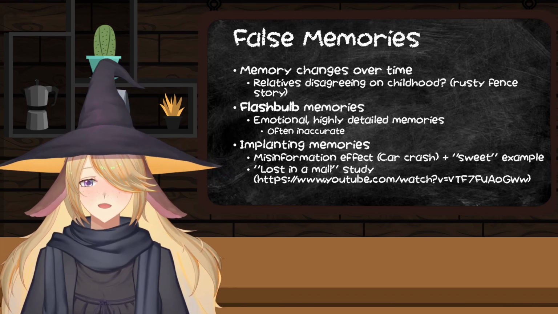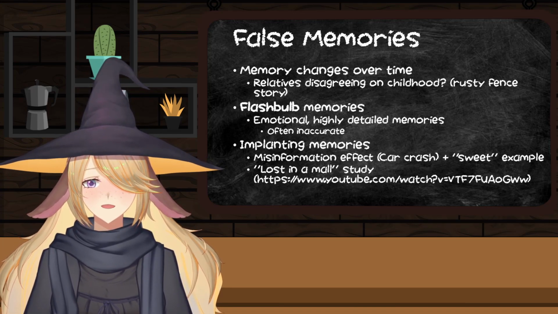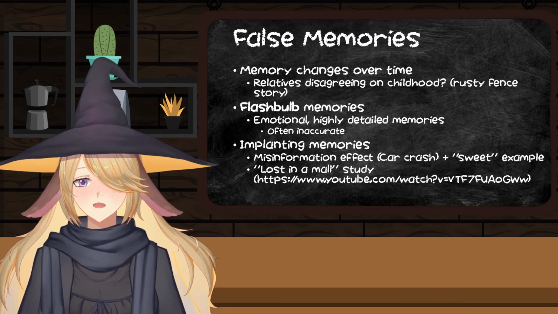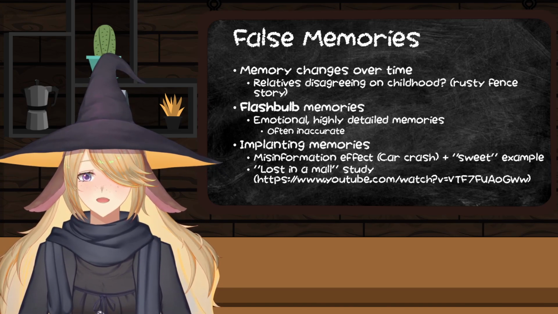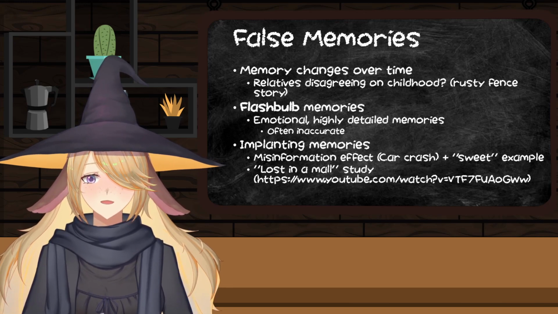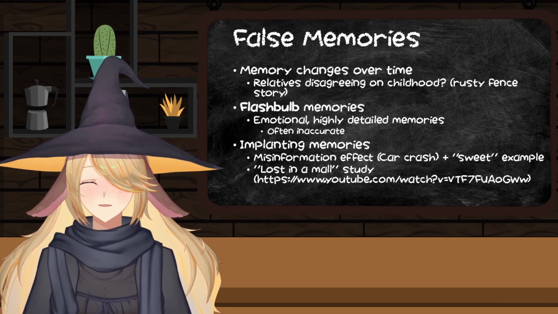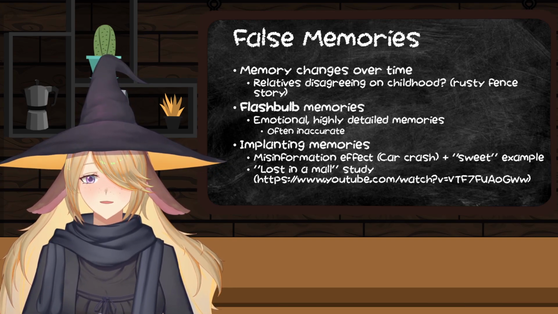In a more benign example of this information, there is the classic misinformation effect, or the car crash effect. In another study, participants were shown a video of two cars colliding. They were then told in a prompt to estimate how fast the two cars had been going.